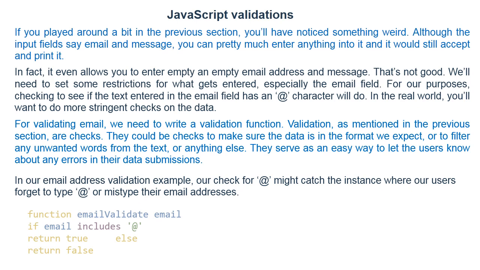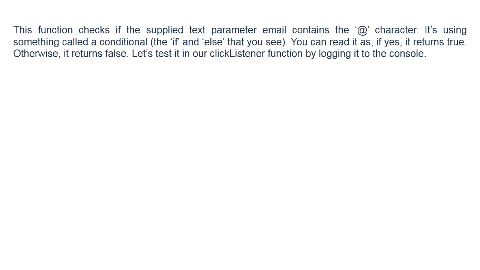So in this JavaScript code, this function checks if the supplied text parameter email contains the @ character. It's using something called a conditional, that is the if and the else that you see. You can read it as: if yes, return true, otherwise return false.